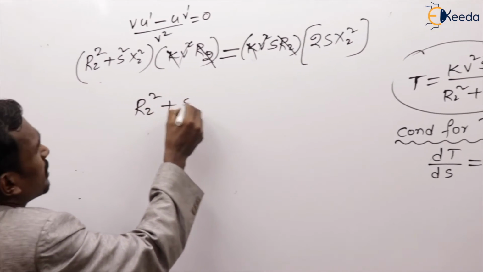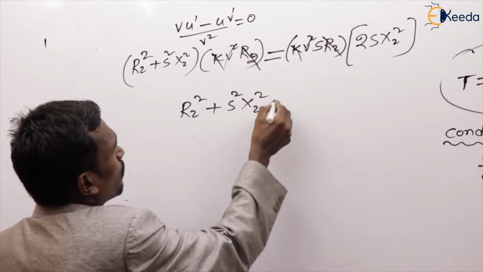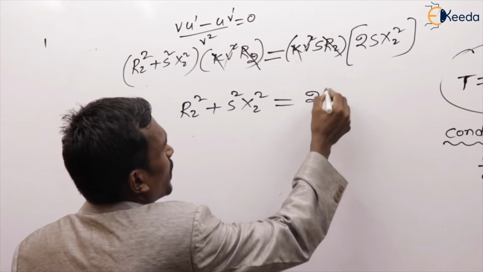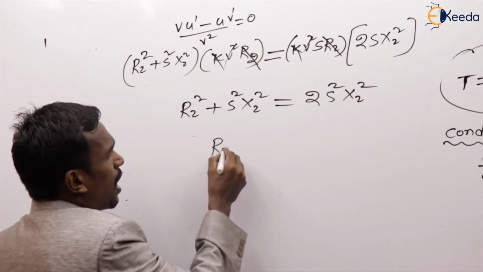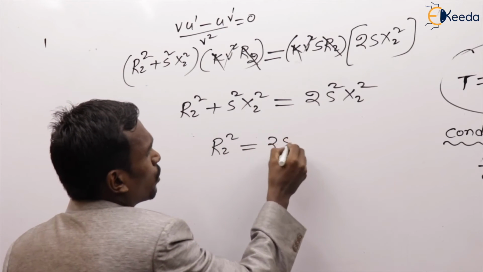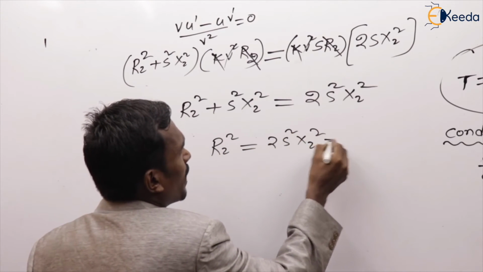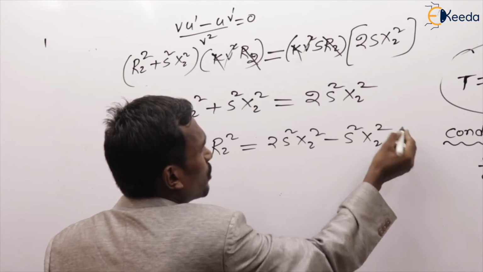So R2 square plus S square X2 square is equal to 2S square X2 square. If we send it here, R2 square is equal to 2S square X2 square minus S square X2 square.